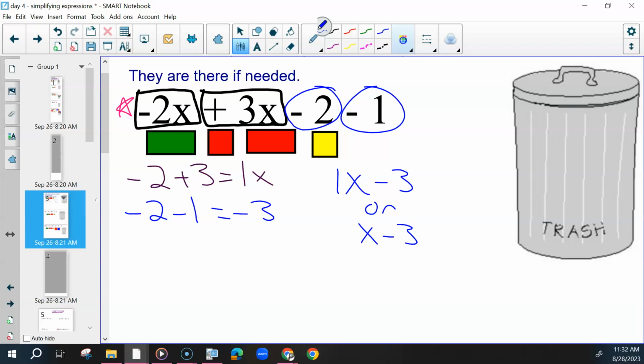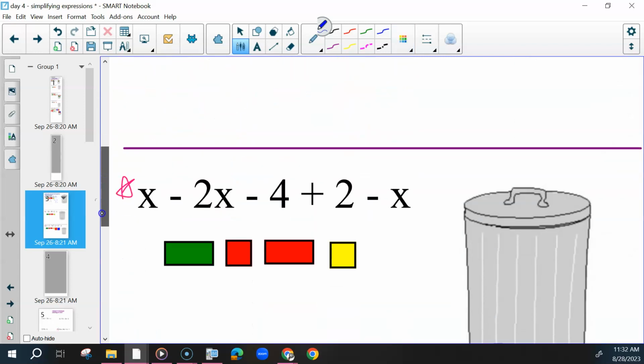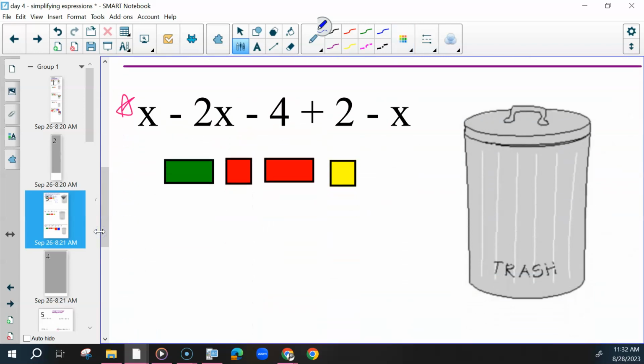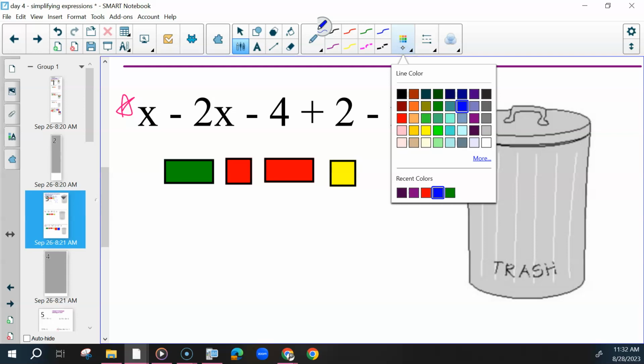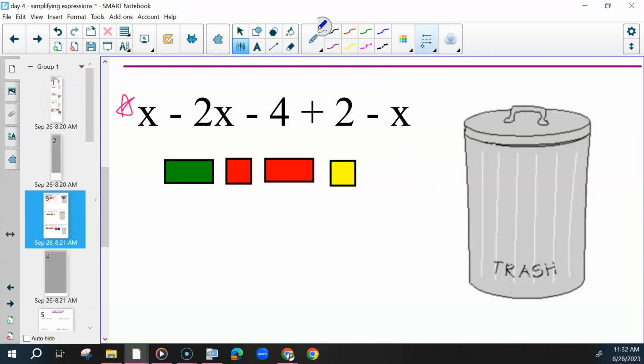Let's do the next one. Same process. Find your like terms. You have more x's in this one. And you don't have to use boxes. You can circle, just different shapes or colors for every set of like terms. -2x and -x.